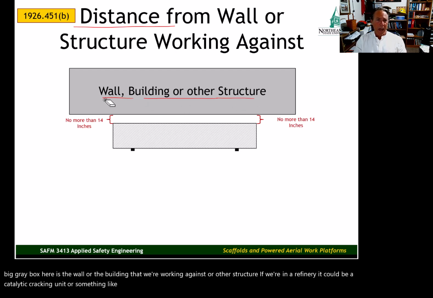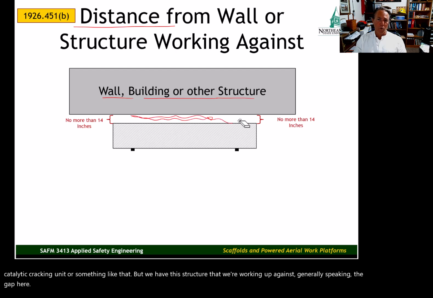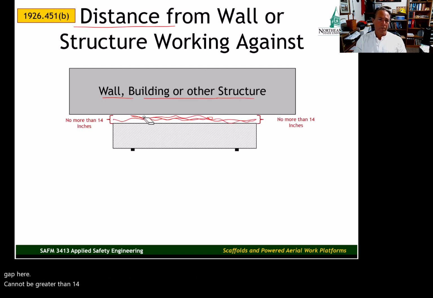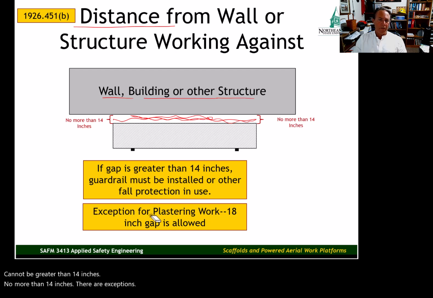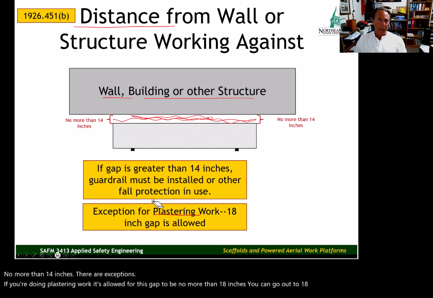But we have this structure that we're working up against. Generally speaking, the gap here cannot be greater than 14 inches. No more than 14 inches. There are exceptions. If you're doing plastering work, it's allowed for this gap to be no more than 18 inches. You can go out to 18 inches if it's a plastering job.